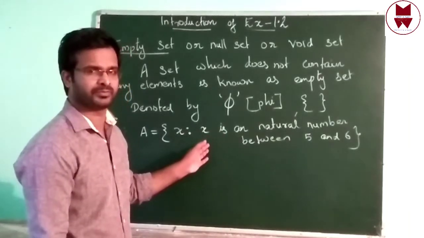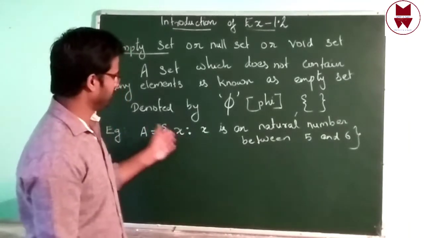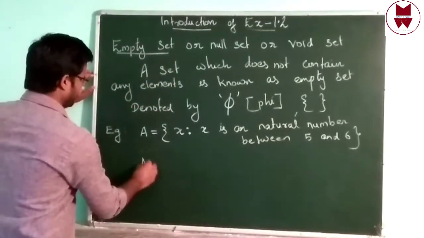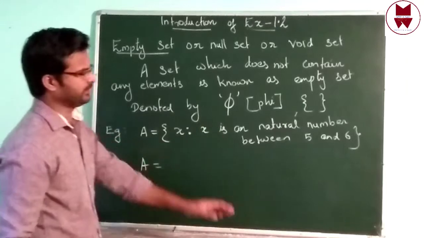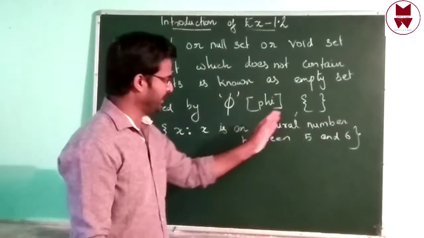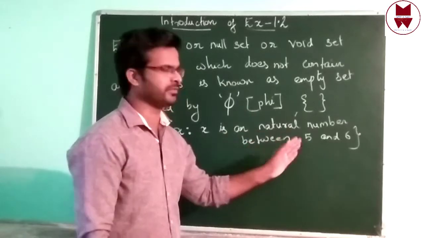This is the set builder form, isn't it? You have already studied the set builder form. Then if you write this set in tabular form, how can you write it? x is a natural number between 5 and 6.